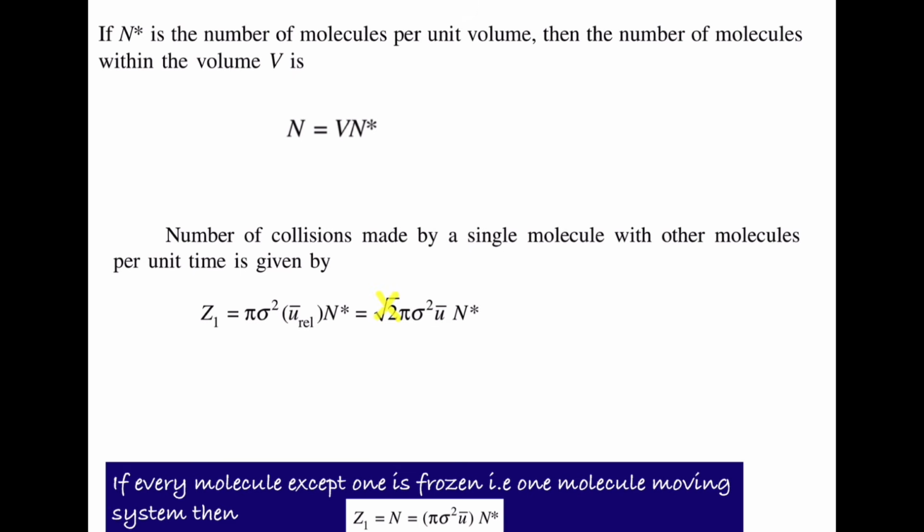Hence this root 2 term will not appear, and the equation will become like this. This is the final equation, but it is definitely a hypothetical situation. This is practically not possible, because it is true only when one gas molecule moves and all other molecules are at rest. So this is the expression for collision number.